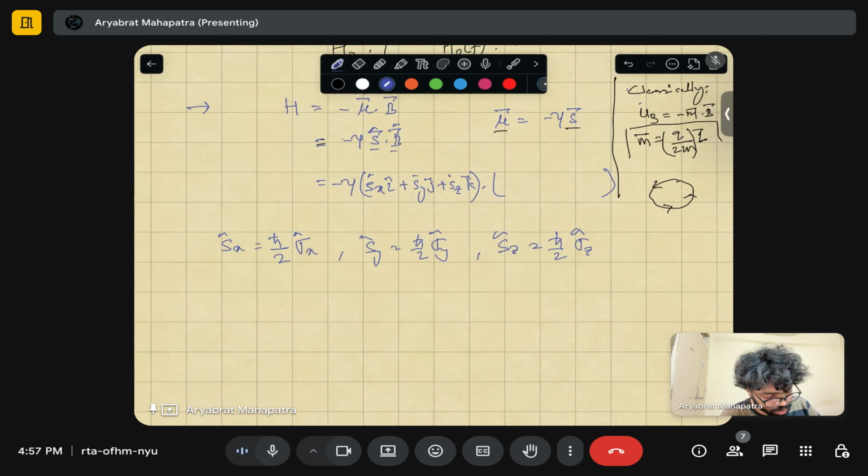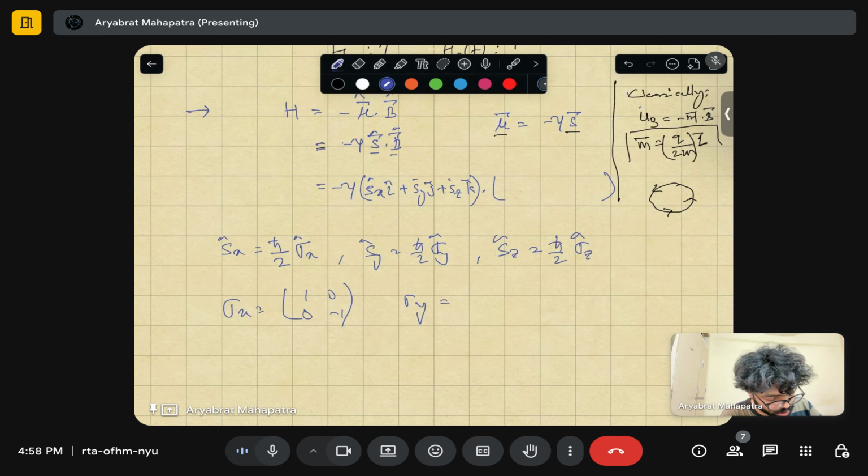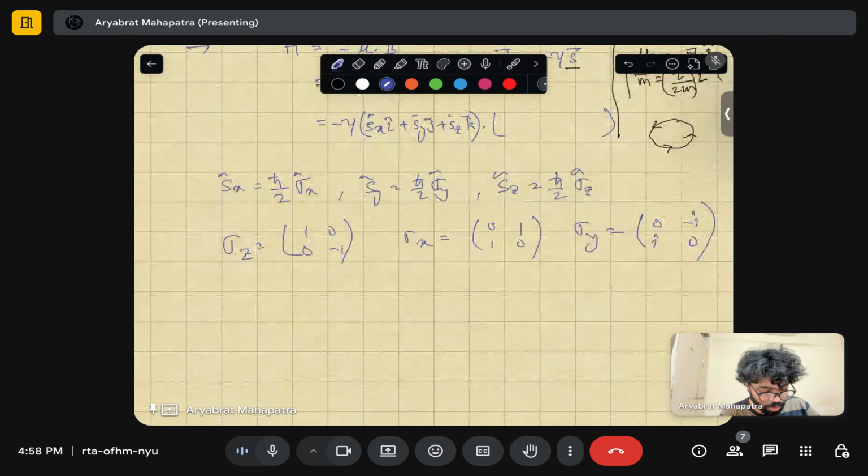Sigma z is 1 0 0 minus 1, sigma x is 0 1 1 0, and sigma y is 0 minus i, i 0. So these are your Pauli matrices.